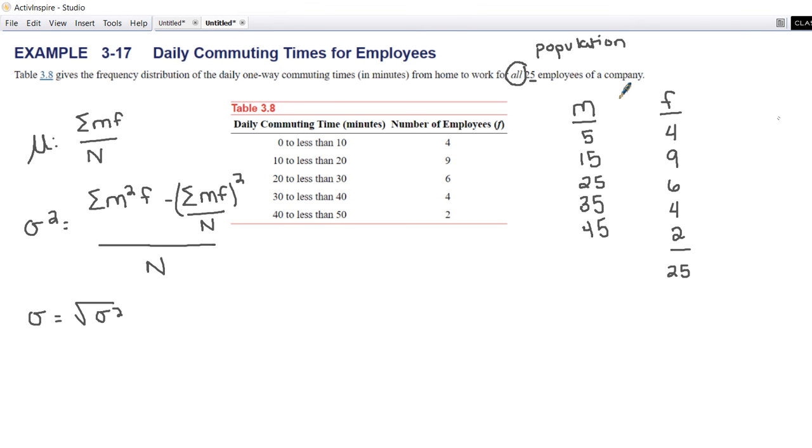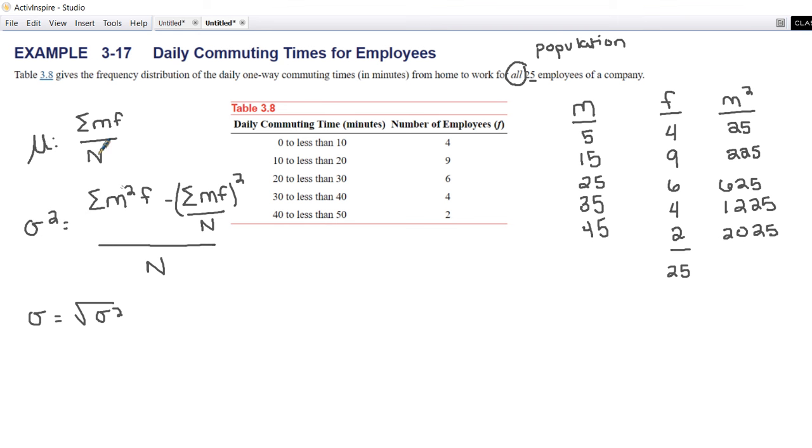Here, I skipped the 5 squared, so 25. We have 15 squared is 225. 25 squared is going to be 625. 35 squared is 1,225. And 45 squared is 2,025.